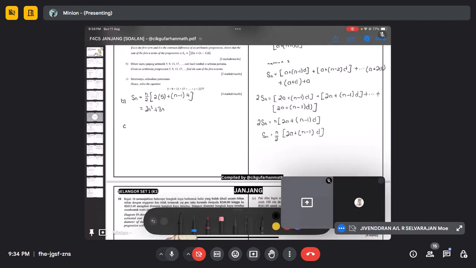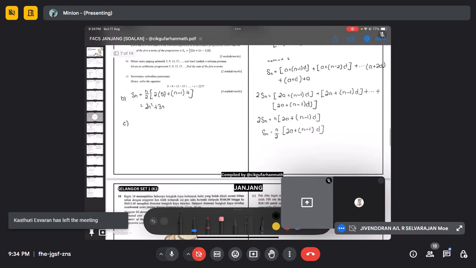But in order to do question B and C, you will need to know how to do A first. Solve the equation 5 plus 9 plus 13 plus 17 plus something plus x is equivalent to 2277.